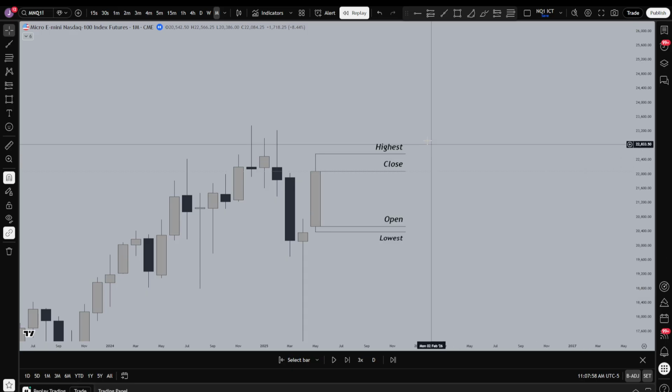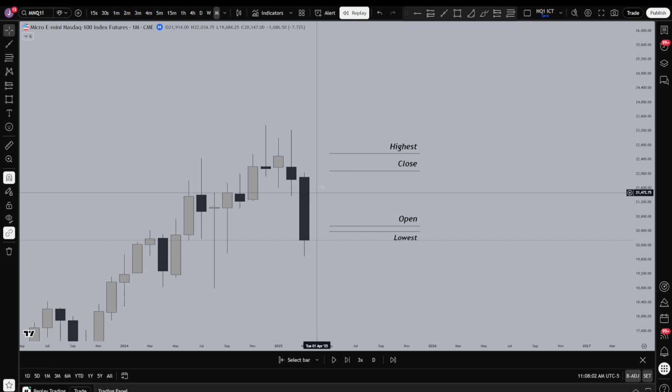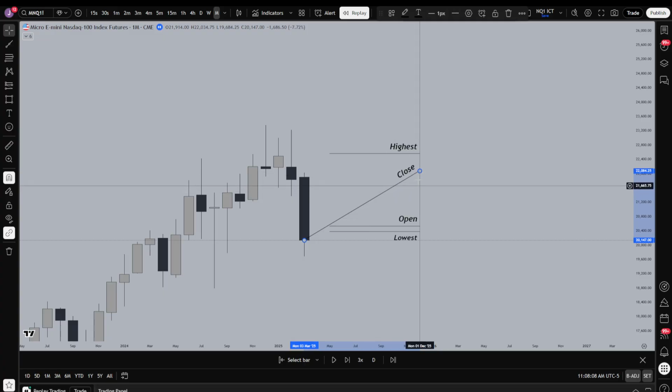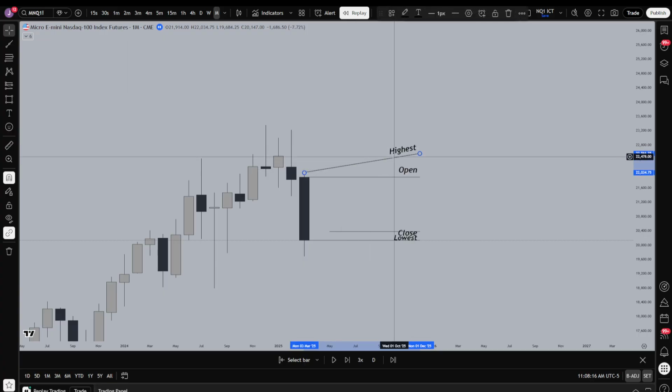Yep, exactly. And just before we leave you guys, I'll label this right here. So this close would be this right here. Then we have the open being the opposite, the highest point of the candlestick, and then the lowest point of the candlestick.